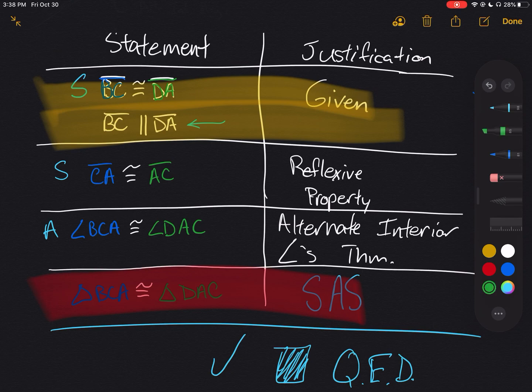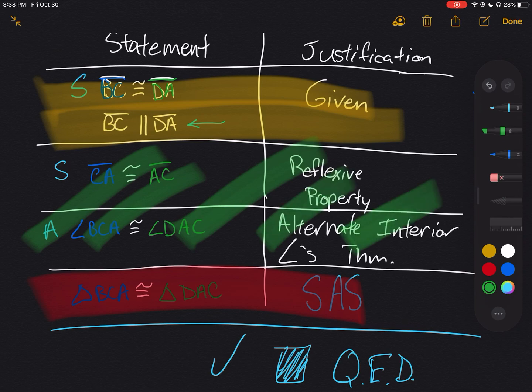What's happening in the middle here is I'm getting all of the pieces I need to prove side, angle, side down here, right? I need a side, I need my angle, and I need my side. So that's all to say. The first piece and the last piece should be pretty similar almost every time.